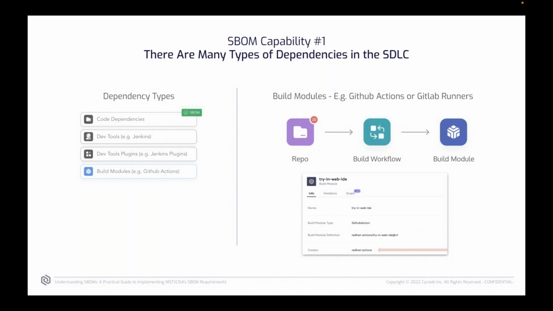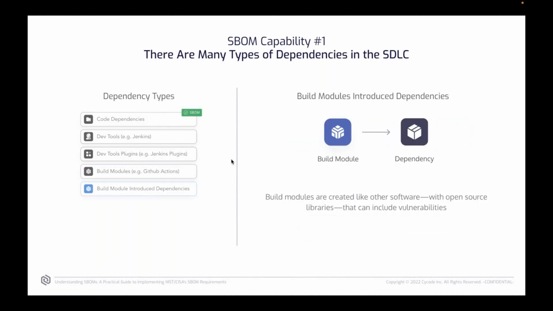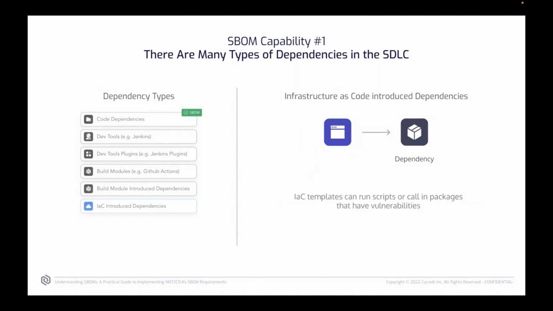And so wouldn't it be great if the SBOM was also identifying this type of dependency? Build modules themselves are created just like any other software in that they can pull in their own dependencies, and those dependencies can have their own vulnerabilities. And then IaC templates, which are used to partition runtime environments, can run their own scripts and pull in other libraries that have their own vulnerabilities again here.